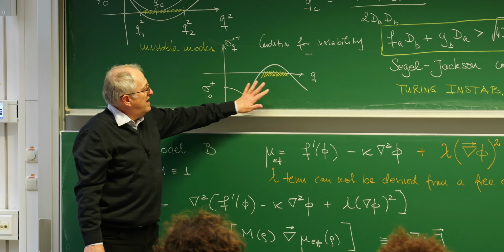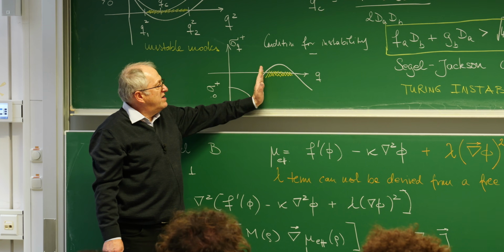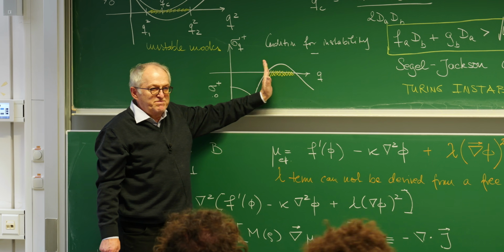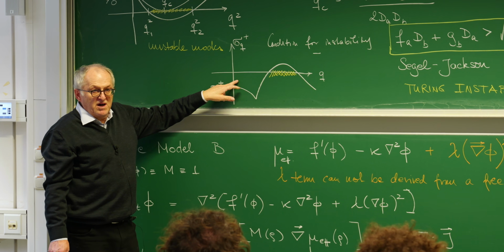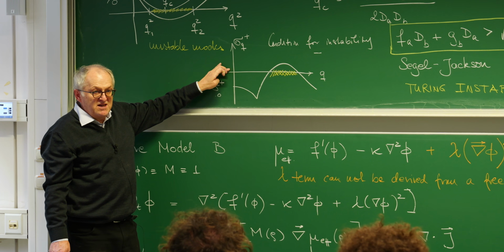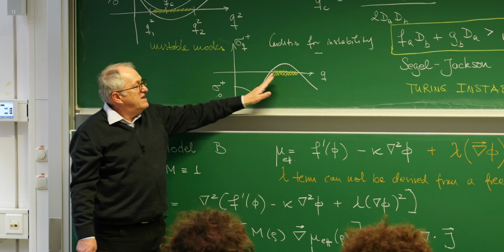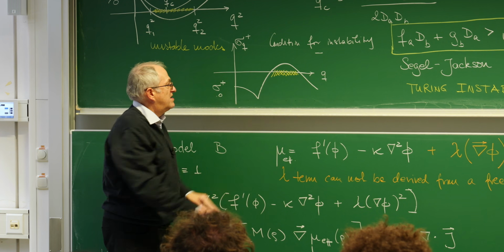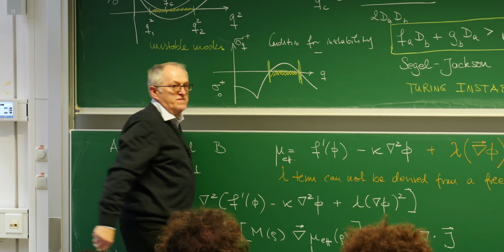And the instability has a fingerprint, which is this. It's a fingerprint where you have a band of unstable modes that's bound away from 0. Remember, in the Cahn-Hilliard model, it extended to 0, so it contained long wavelength modes. Here it doesn't. There's a lower bound and an upper bound.